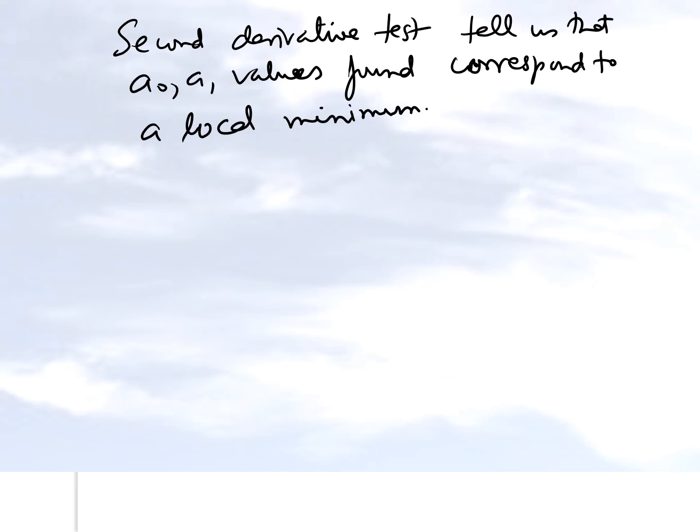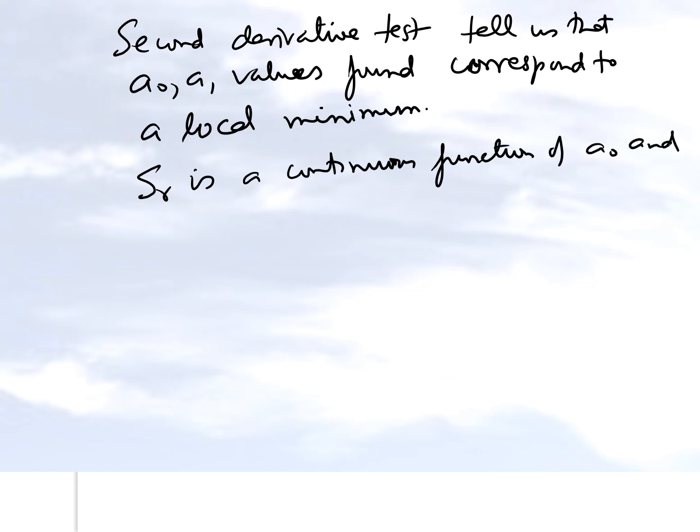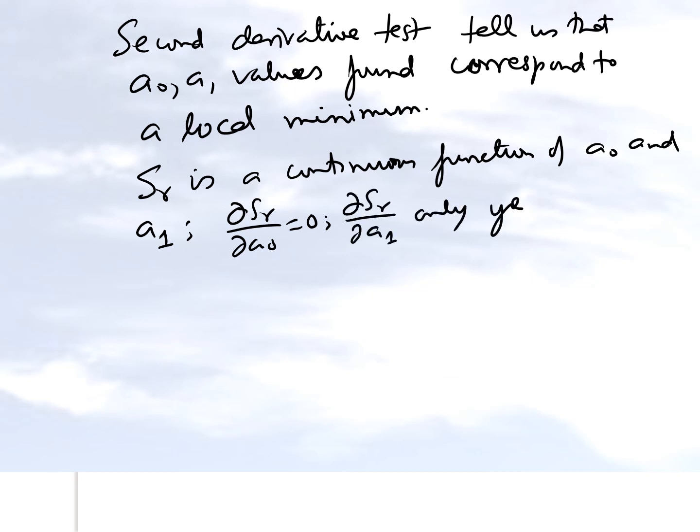It's because of these. SR is a continuous function of a0 and a1. So that's one. And the second one is that del SR by del a0 equals 0, the first derivative part which we did, only yields one solution.